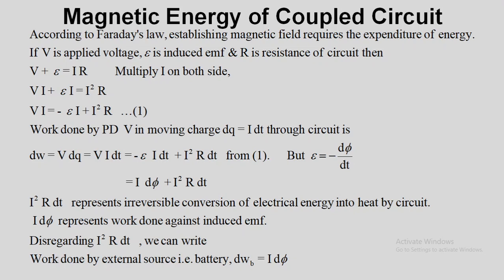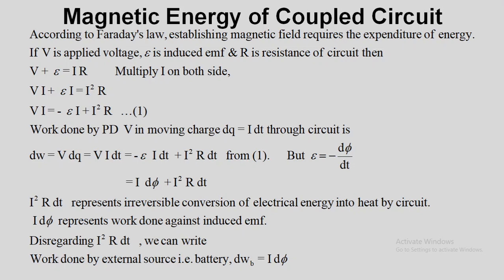Now, to produce this flux, some energy is taken from the battery which supplies the current to that circuit. So some energy is to be spent from the battery to establish the magnetic field. The magnetic field is a consequence of the electric current. Electric current is a consequence of the electric battery which is connected to that.